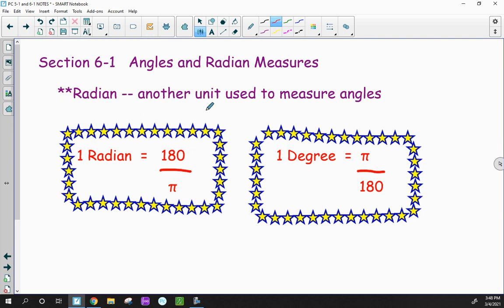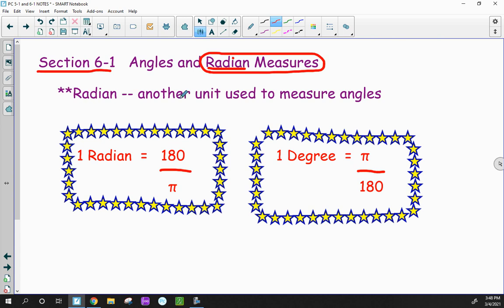Alright, next concept is actually coming from section 6.1 in your textbook, and this goes into a measurement that we are probably not as familiar with, and that's called radians. You're used to measuring angles in degrees, but there's other ways to measure angles. Again, that's called a radian.